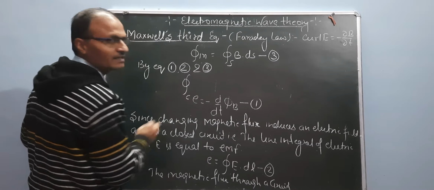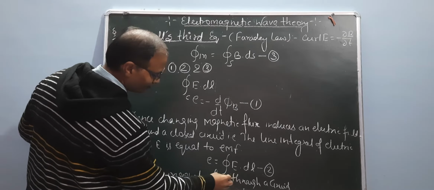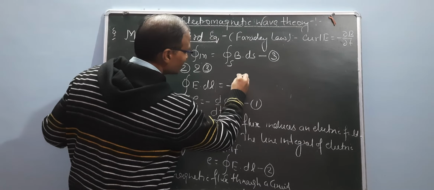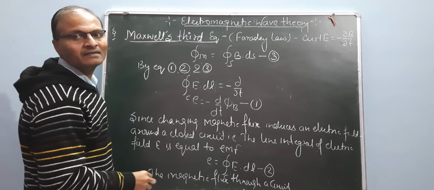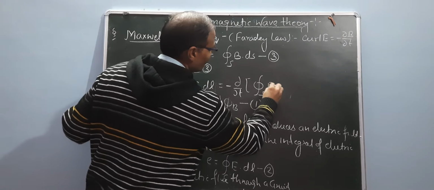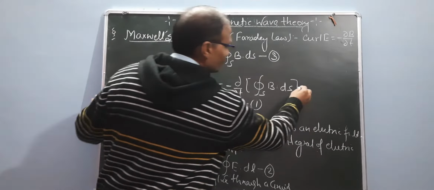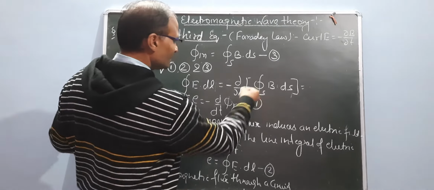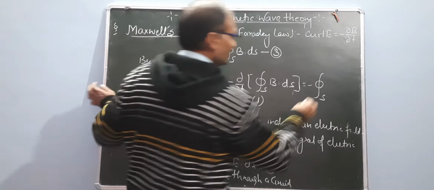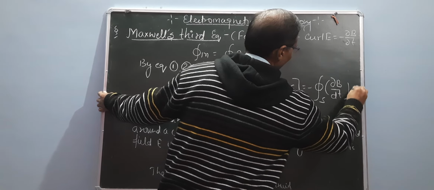What are we applying? Closed circuit C, E dot dl equal to minus d upon dt of closed surface S B dot ds, equal to minus closed surface S dB upon dt into ds.